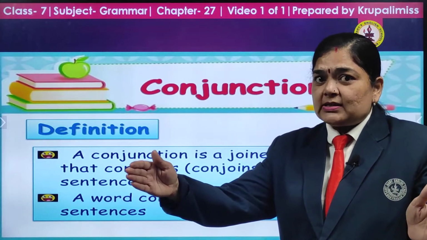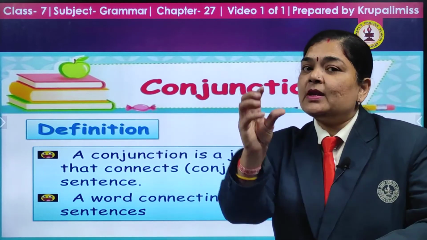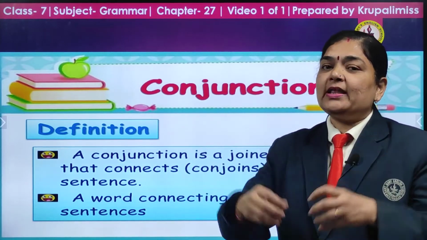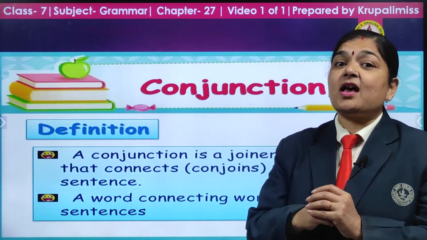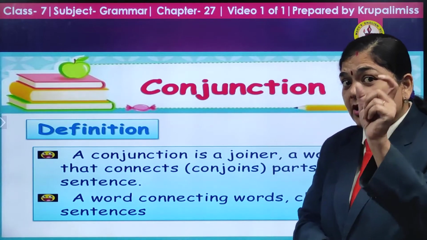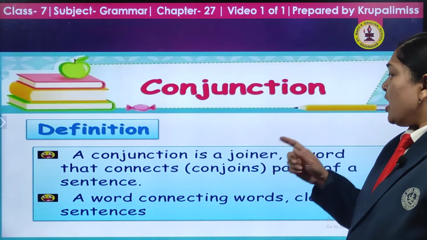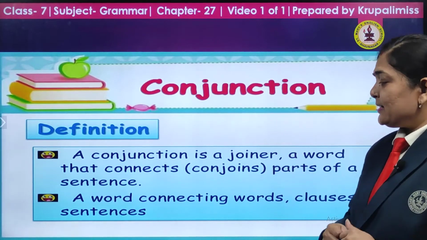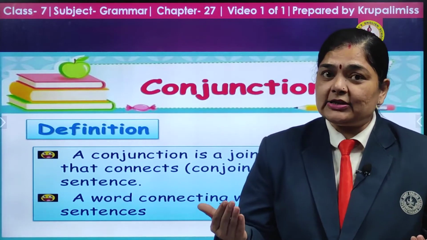If two parts of a sentence are totally different, totally opposite, to put them in one frame, we use a word added to join those different sentences, opposite sentences, or different ideas together. That particular word is known as a conjunction. A word connecting words, clauses or sentences is known as a conjunction.